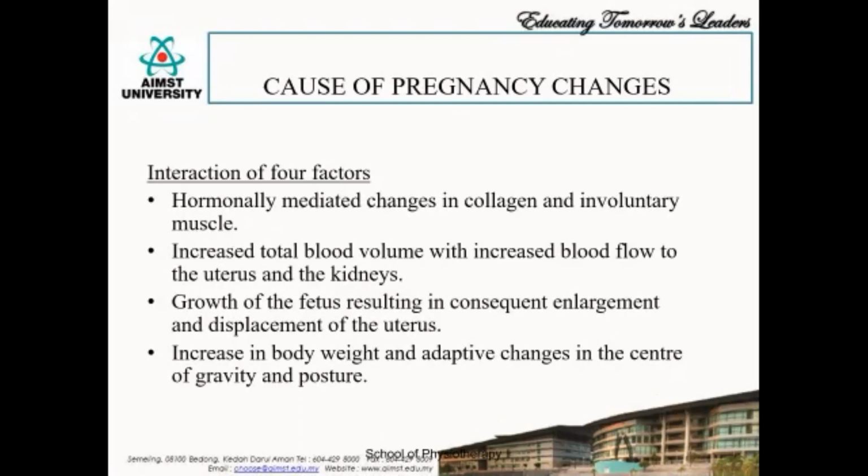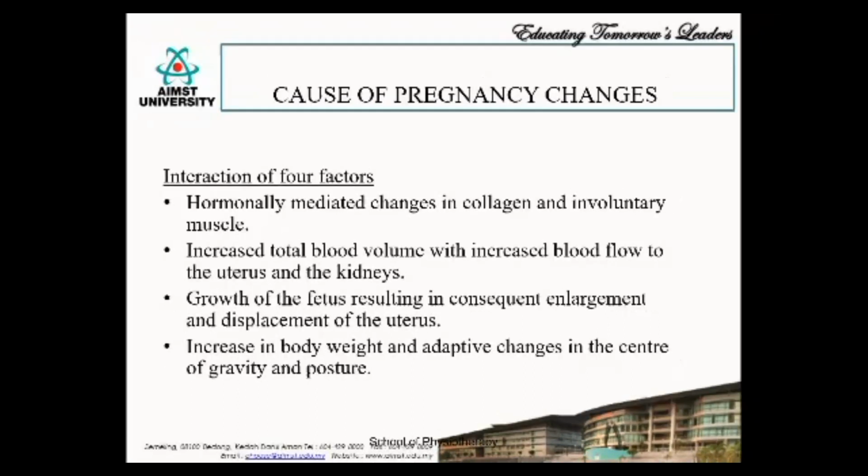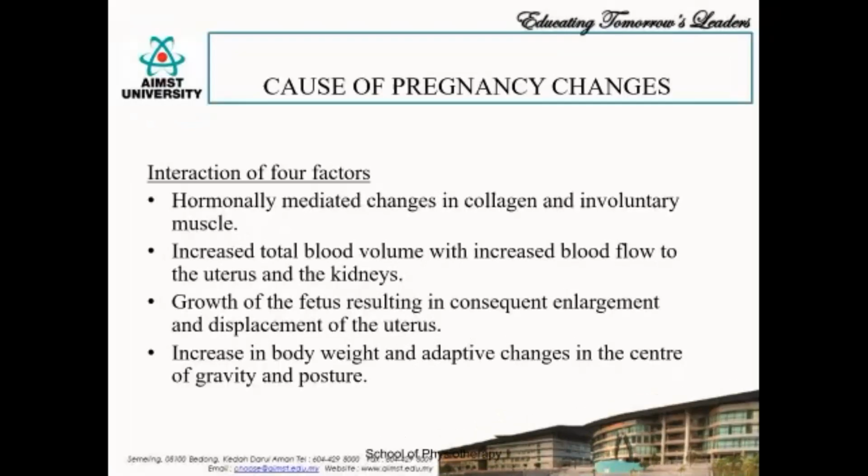So one is the hormones will be influencing the collagens and the smooth muscles, and these collagens and smooth muscles will undergo changes. So this is the first thing. As we saw last class, FSH and LH will be secreted first.